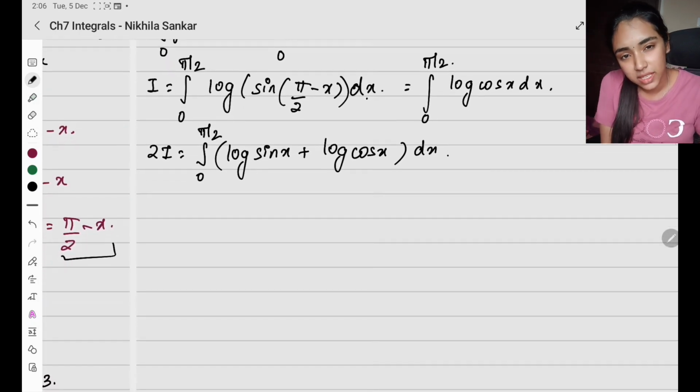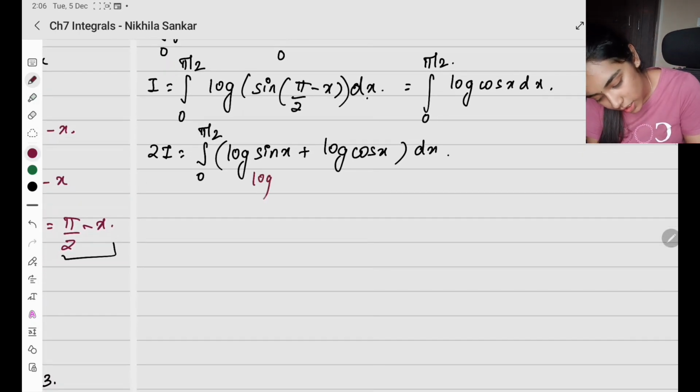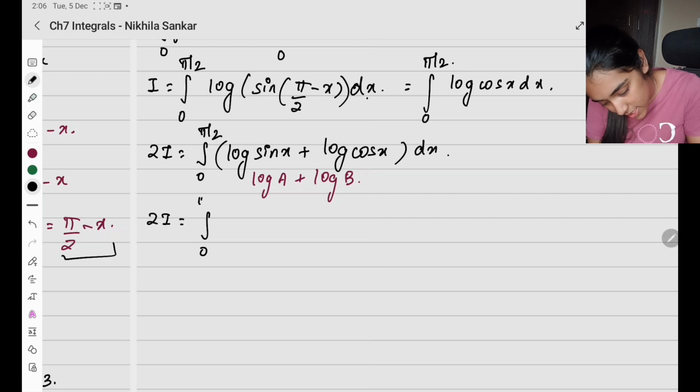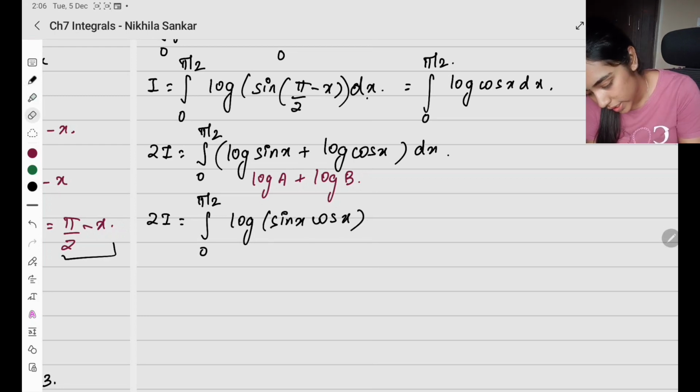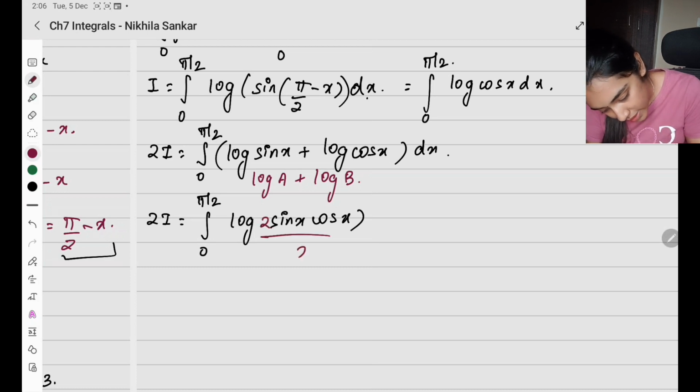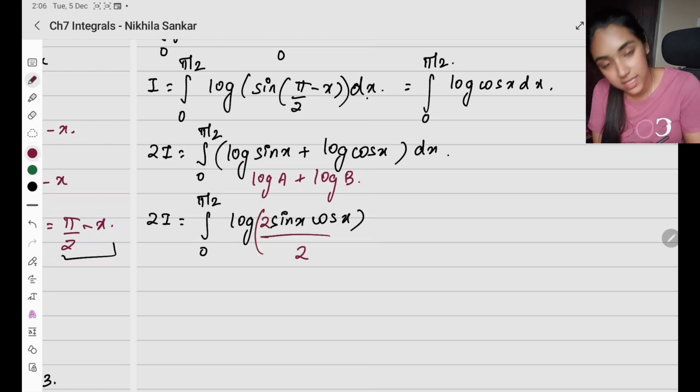So when I use the property log a plus log b, it is going to be log of a into b. So this is going to be 2I equals 0 to pi by 2 log of sin x times cos x. Multiply by 2, correct? So I'll remove this bracket. I can multiply by 2 and divide by 2 to get sin of 2x.